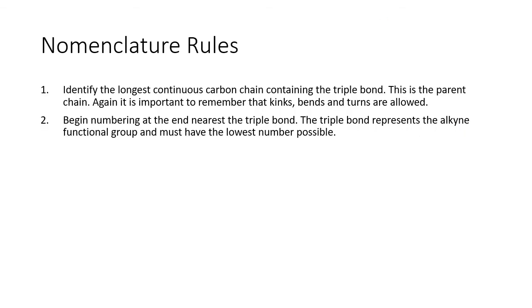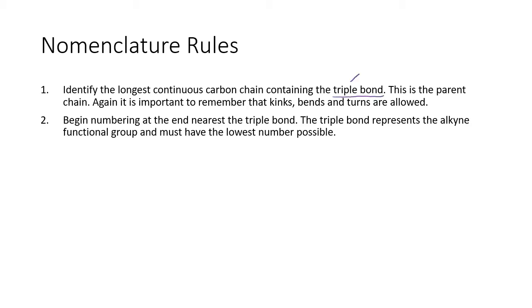First, let's go through some basic nomenclature rules, and then we'll look at some newer things to consider after. These rules should seem very familiar to you because they're very similar to what we learned for alkenes. So for alkynes, number 1, first, as always, identify the longest continuous carbon chain that contains the triple bond. So it's got to contain the triple bond.